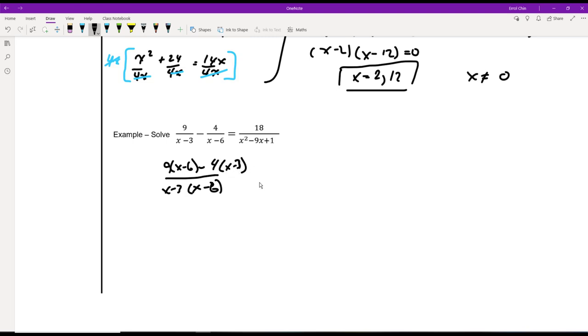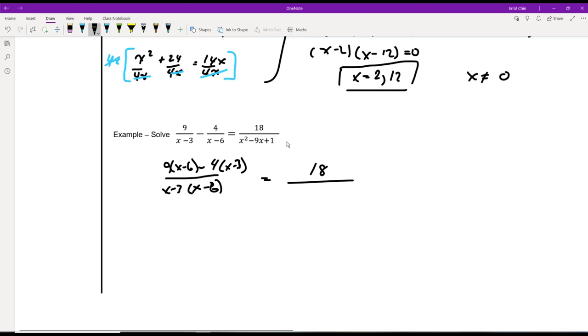And again, I apologize for my handwriting. This works out to 18 over x squared minus 9x plus 1. What two numbers add to negative 9 and multiply to 1? Ooh, I don't know. That looks pretty hard. Oh, that actually is a typo, everybody.